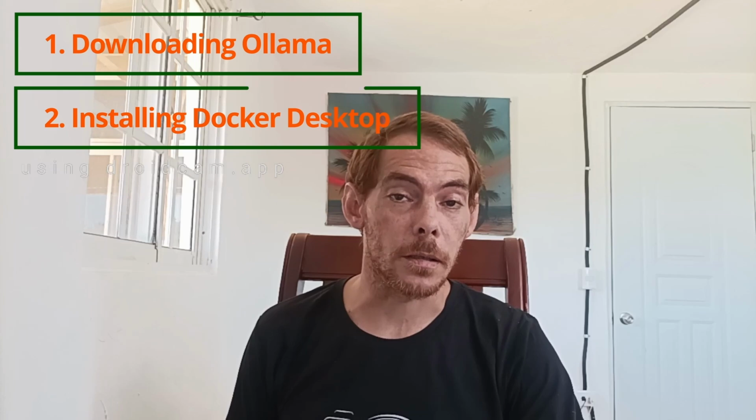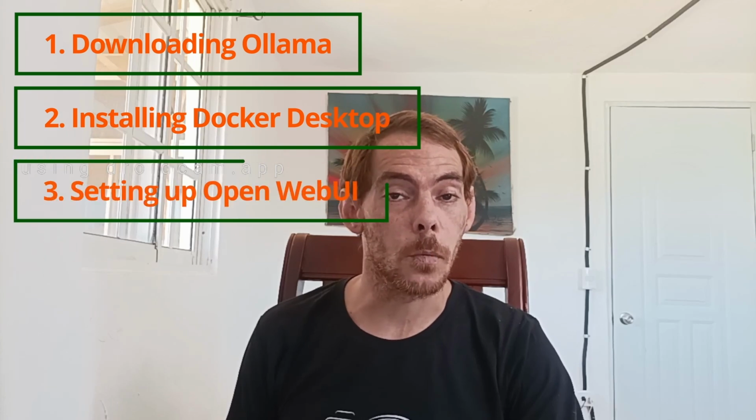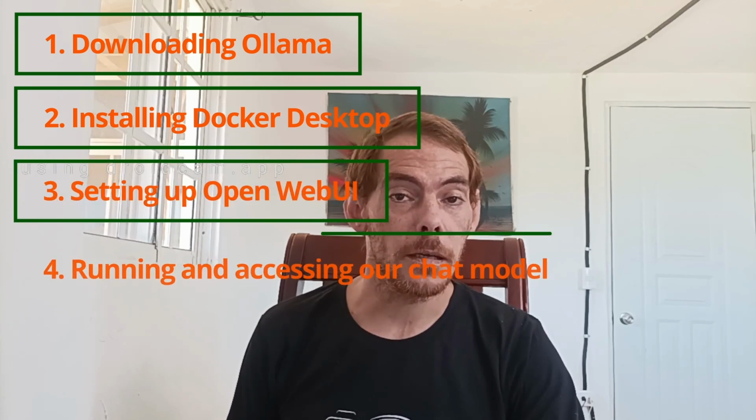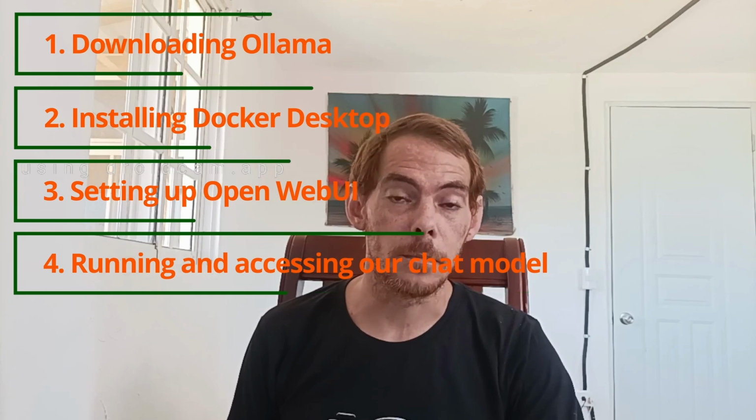In this video, we'll cover downloading Ollama, installing Docker Desktop, setting up Open Web UI, running and accessing our chat model. So grab your computer, follow along, and by the end of this video, you will have your own chat model up and running. Let's get started.